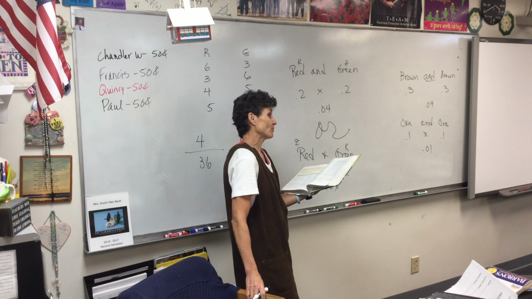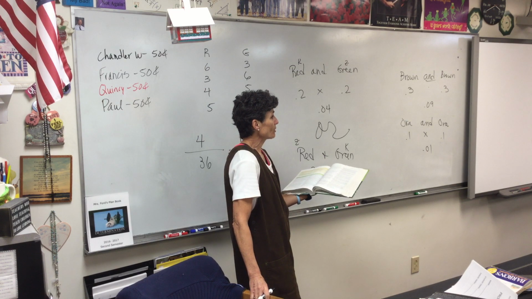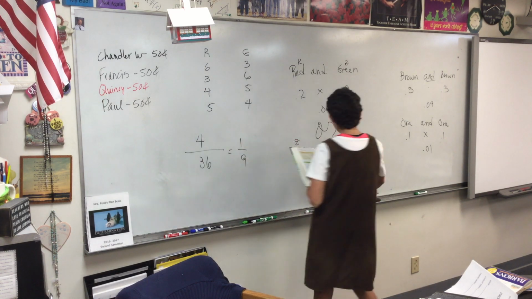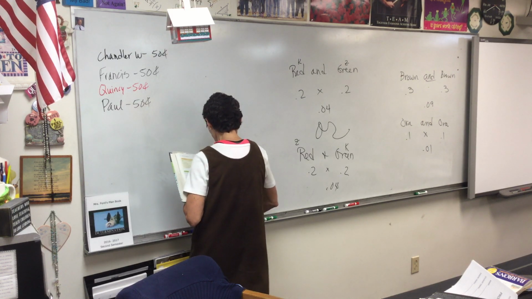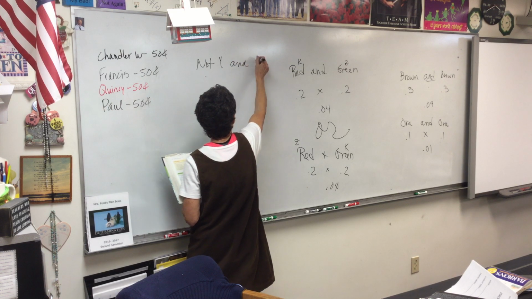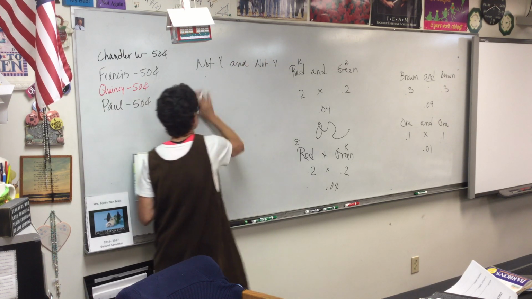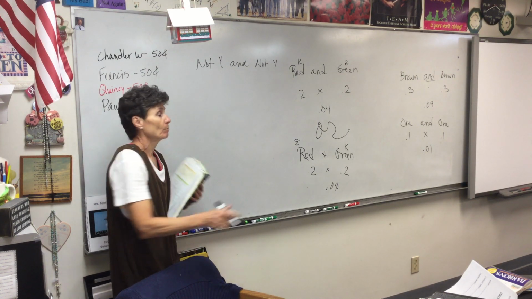How about neither is yellow? Neither is yellow. So I want not yellow and not yellow. What's the probability of not yellow? 0.8.